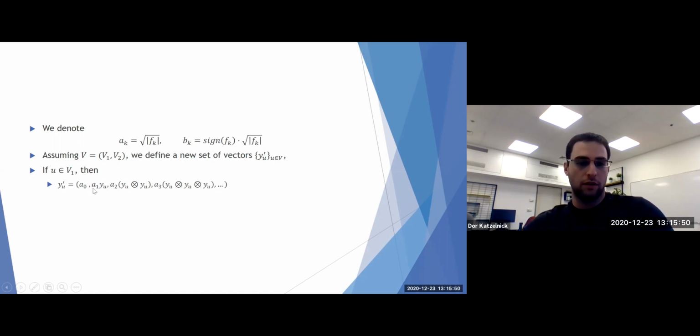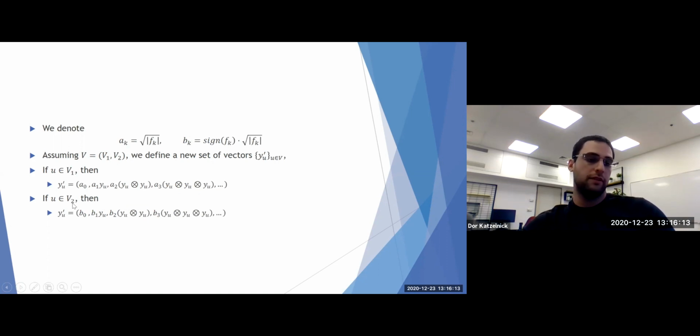So here we have n coordinates in the vector. And then we have a2 times the tensor product between y_u and itself. So here we have n squared coordinates in this vector. So in fact, we define a vector of infinite length.